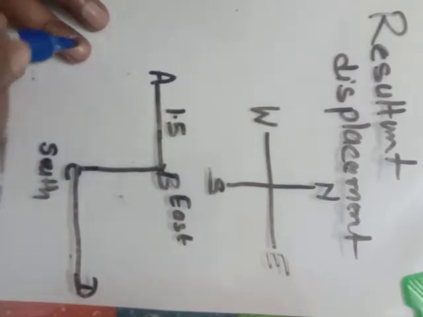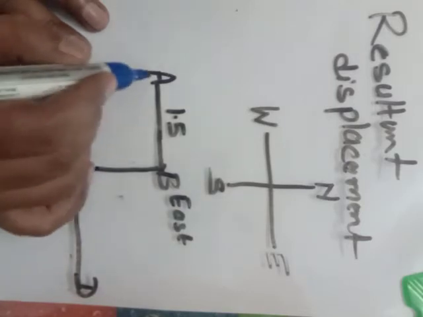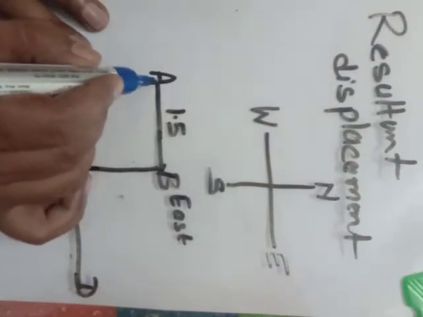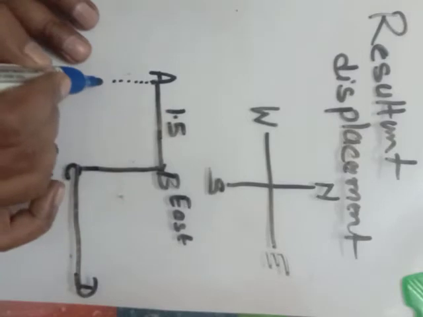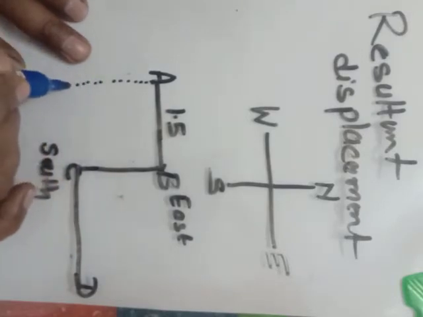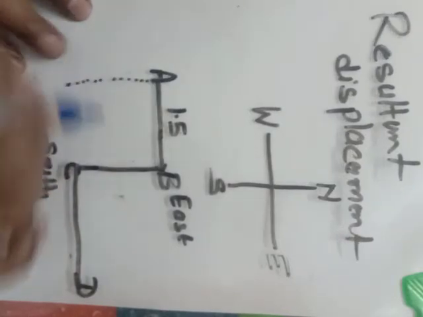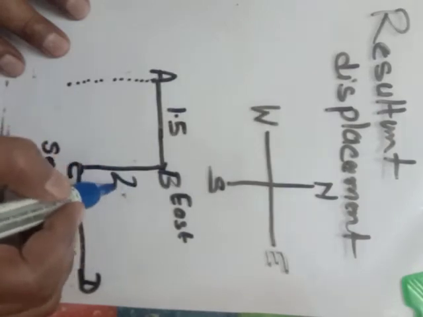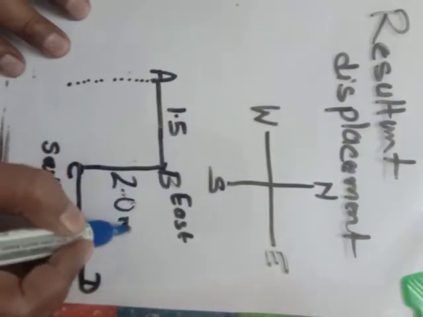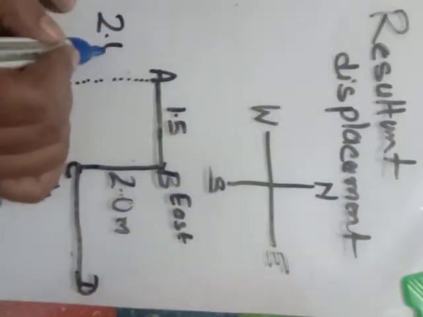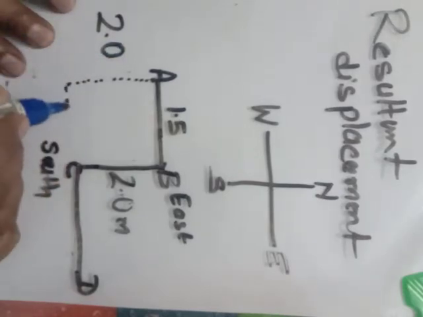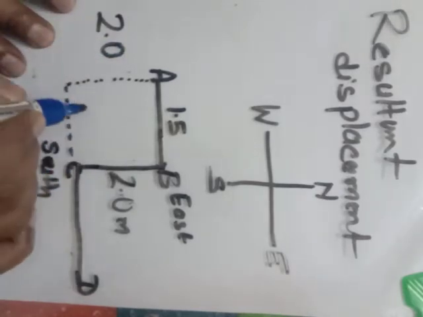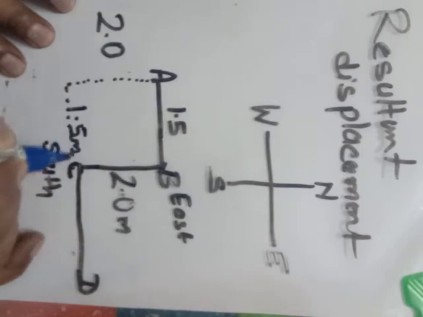So as we know, if we assume a particular line in this way, this will be 2 meter, so this is also 2 meter, and this remaining portion will be 1.5 meter.